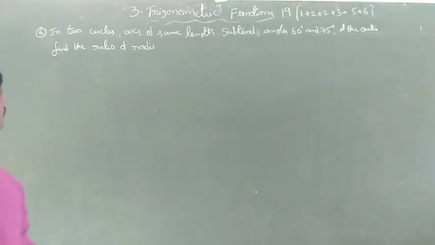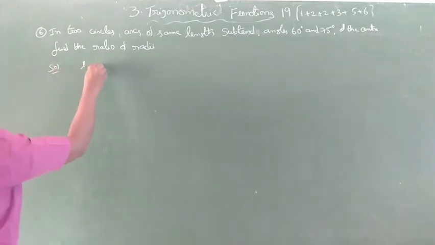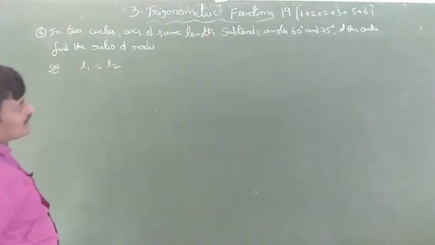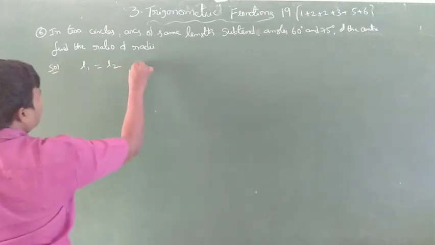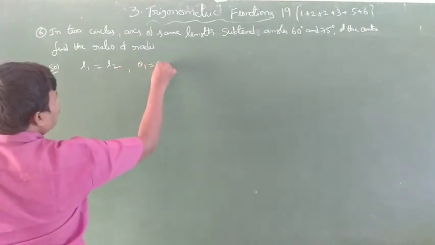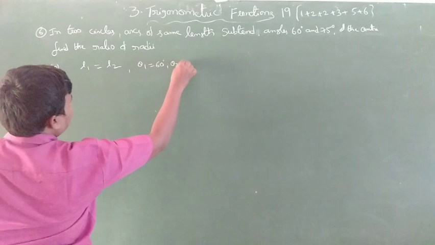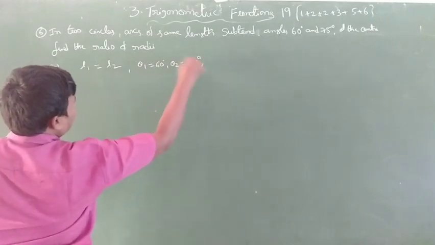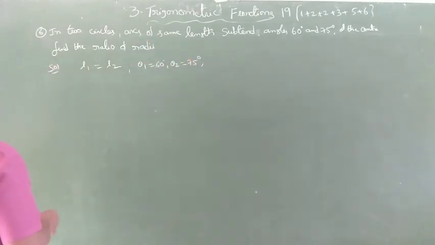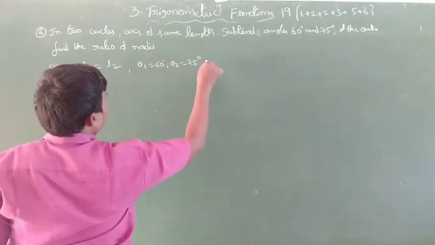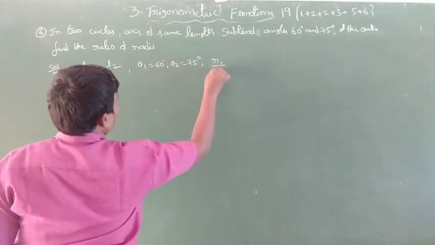Okay, two circles are there, and the arc lengths are the same. So L1 is equal to L2. Theta 1 is 60 degrees, theta 2 is 75 degrees. We need the ratio of radii, R1 by R2.